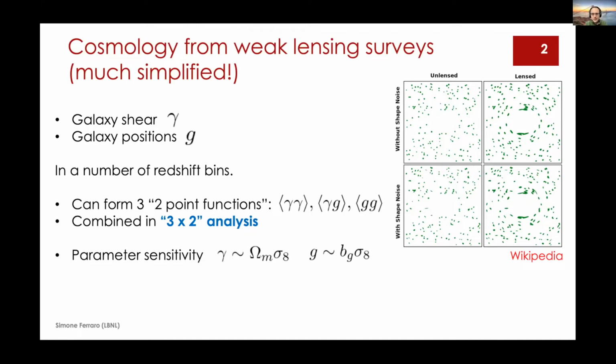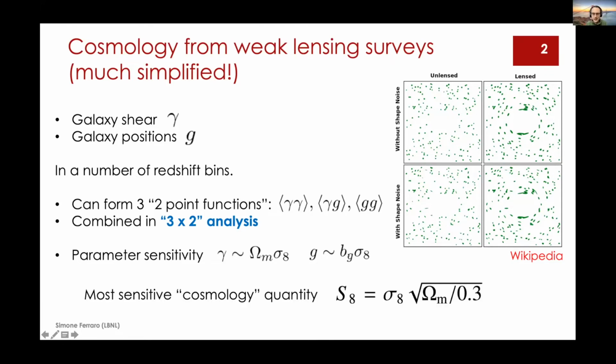If you play a little bit with the algebra, you'll see the parameter sensitivity: shear, which is proportional to the lensing, cares both about the fractional matter fluctuations and about how much matter there is, so it's proportional to omega matter, while galaxy clustering cares about matter fluctuations as well as galaxy bias.